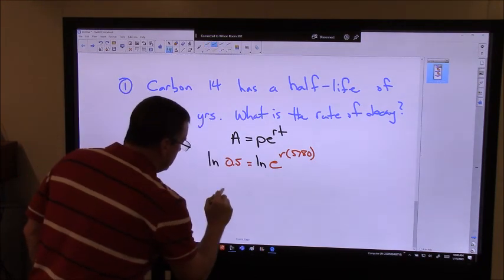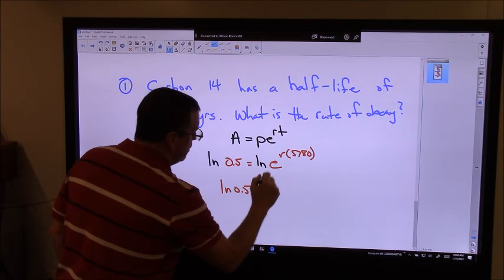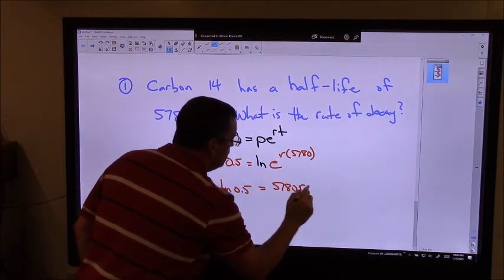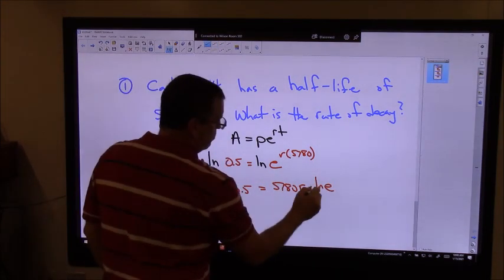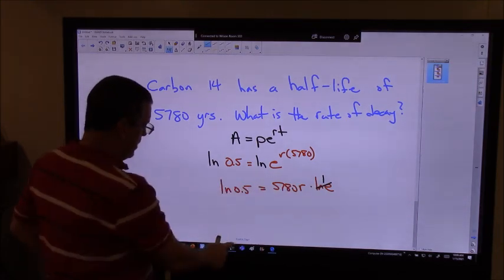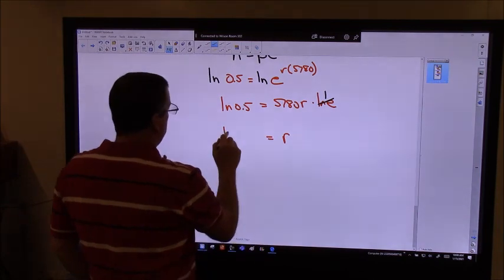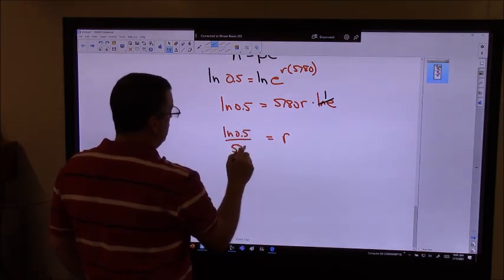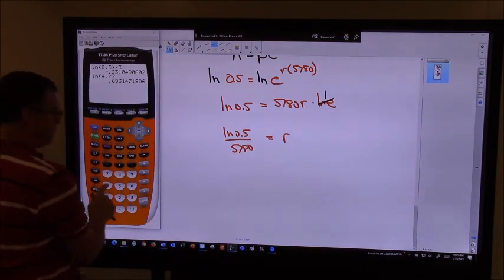And then what I get is natural log of 0.5 equals, if I bring my exponent down in front, 5,780 R times natural log of e, which we know equals 1. And so to get R by itself, I just have to divide by that. So R equals natural log of 0.5 over 5,780. And so now I'll go to the calculator.